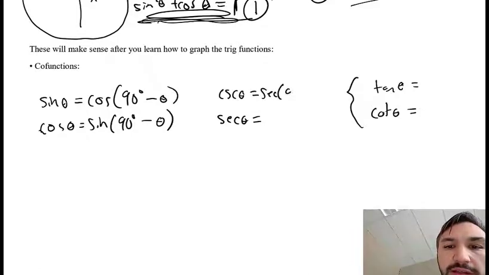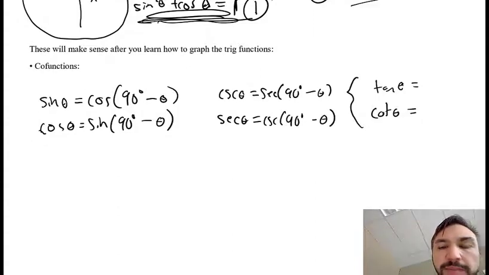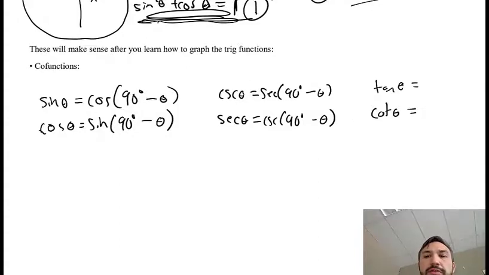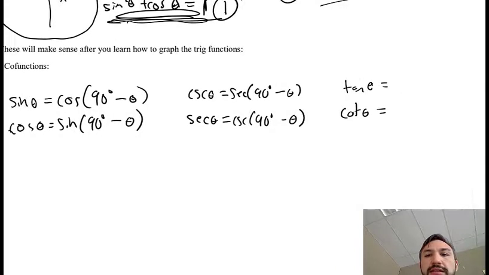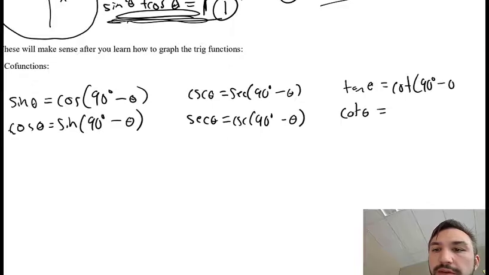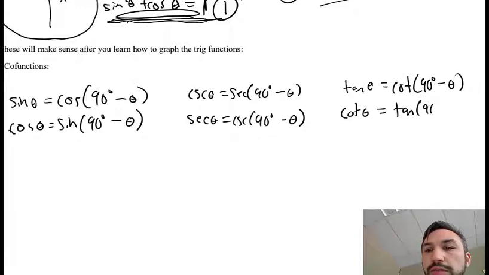These work out the same way. Secant of 90 minus theta gives you cosecant, or secant you could get by doing cosecant of 90 minus theta because they're cofunctions. And exactly the same pattern here. If you wanted to know tangent, you could do cotangent of 90 degrees minus that angle, or if you wanted to know cotangent, you could do tangent of 90 minus that angle.